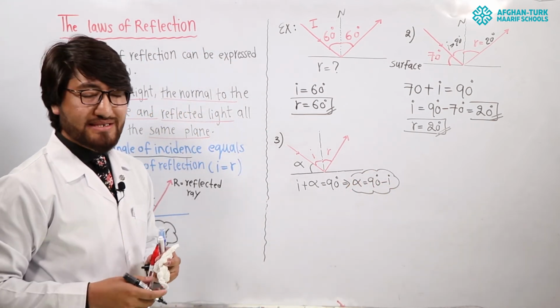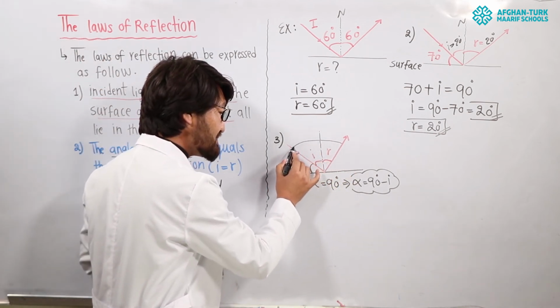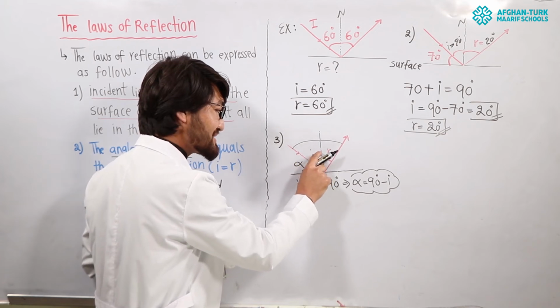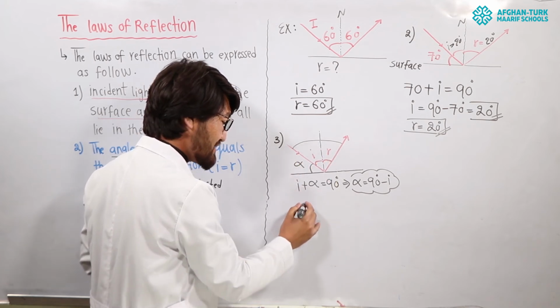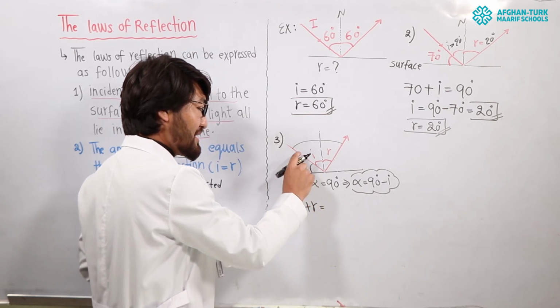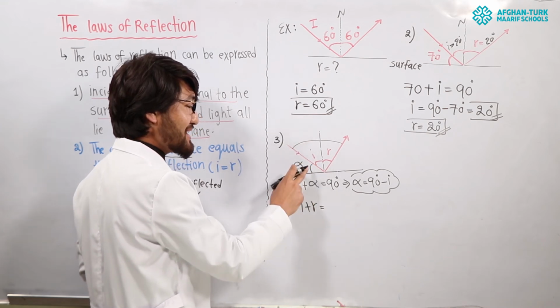Okay, the question says that the sum of the angles, it means I plus R, is 3 times bigger than alpha.